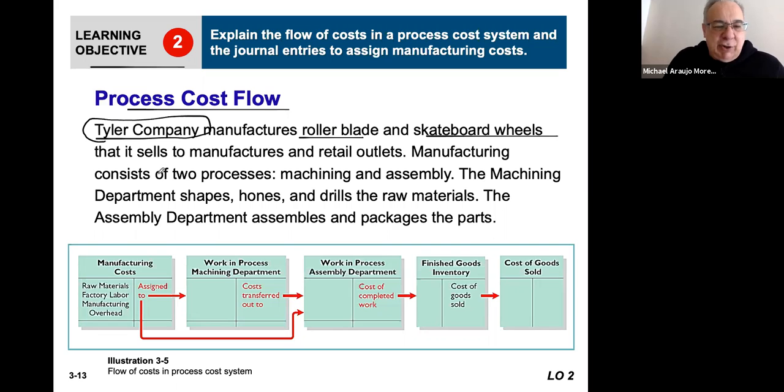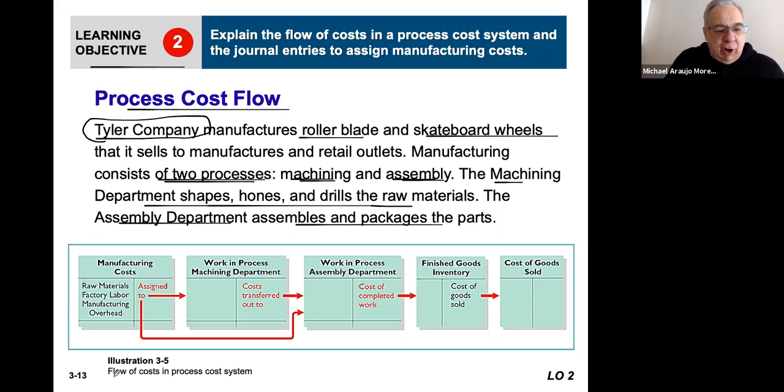It consists of two processes. First is the machining, and then it's the assembly. The machining department shapes, hones, and drills the raw materials, and then the assembly department assembles and packages the parts. So this is what Tyler Company does, rollerblade and skateboard wheels.